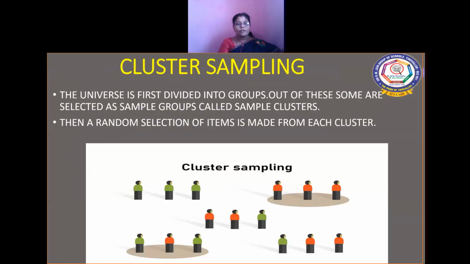Now we are going to discuss cluster sampling. Cluster sampling is similar to stratified sampling, but there is a small difference in the method of grouping. In cluster sampling, the universe is also divided into groups. Out of these, some are selected as sample groups, called sample clusters.